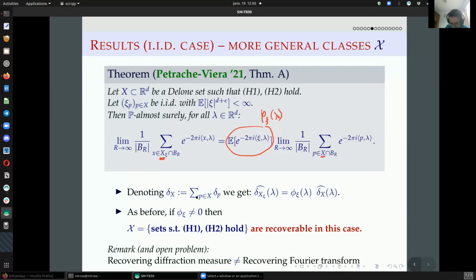And so maybe this is the time to sit down and interpret this formula a bit.